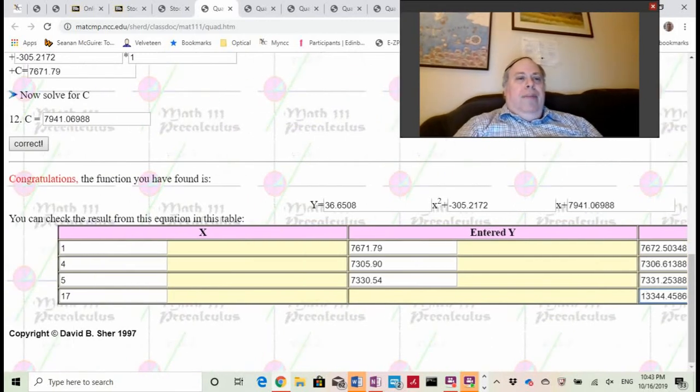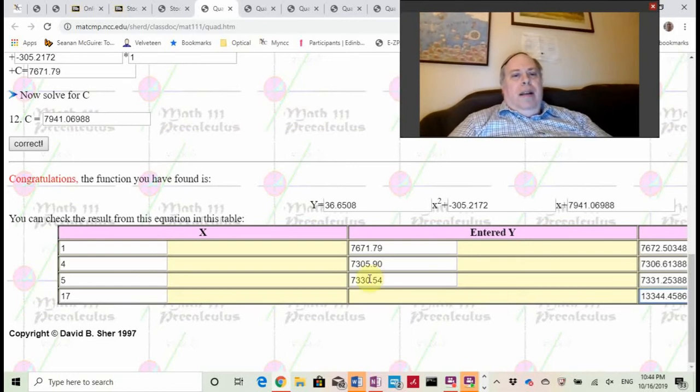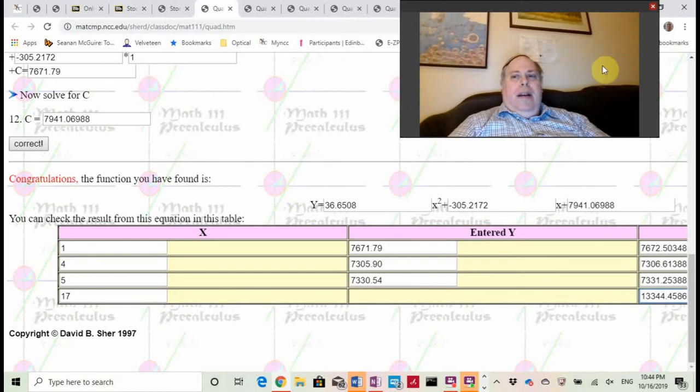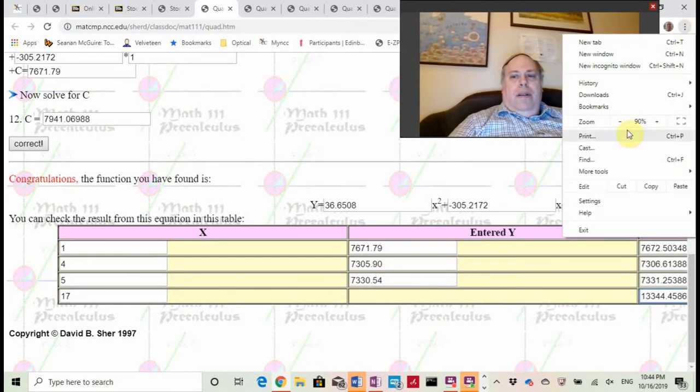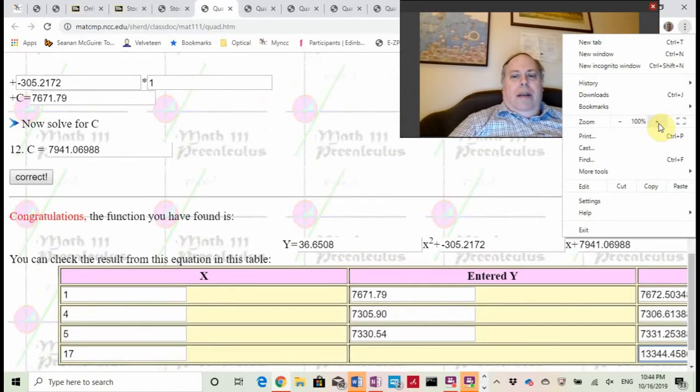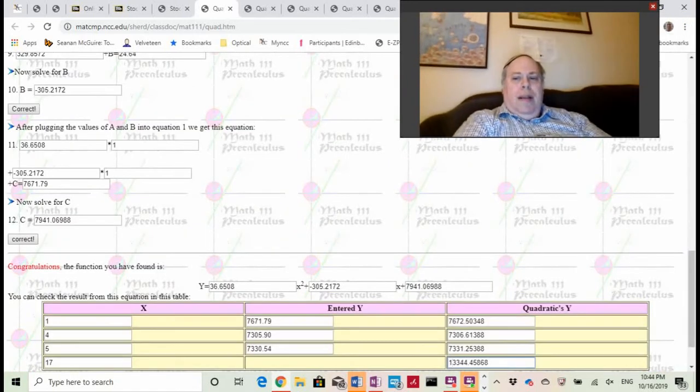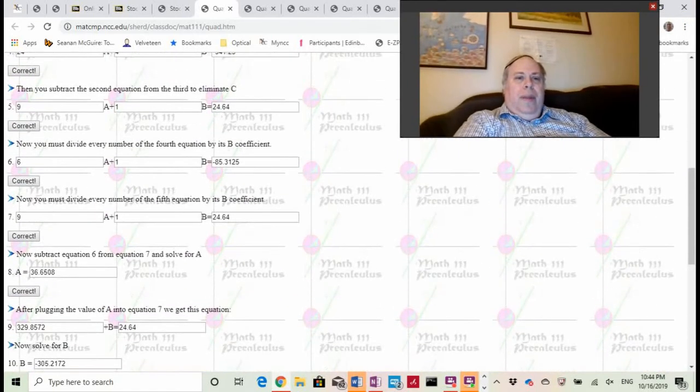Now let me show you how we're going to take this algebra and put it in your report. All you have to do is screenshot it. The easy way is we'll go back to 100%, and squeeze that down to something reasonable.